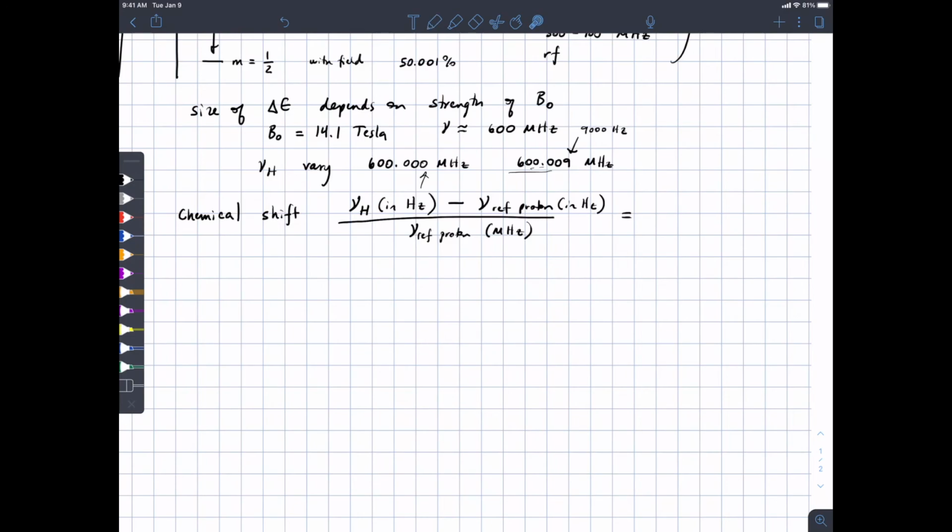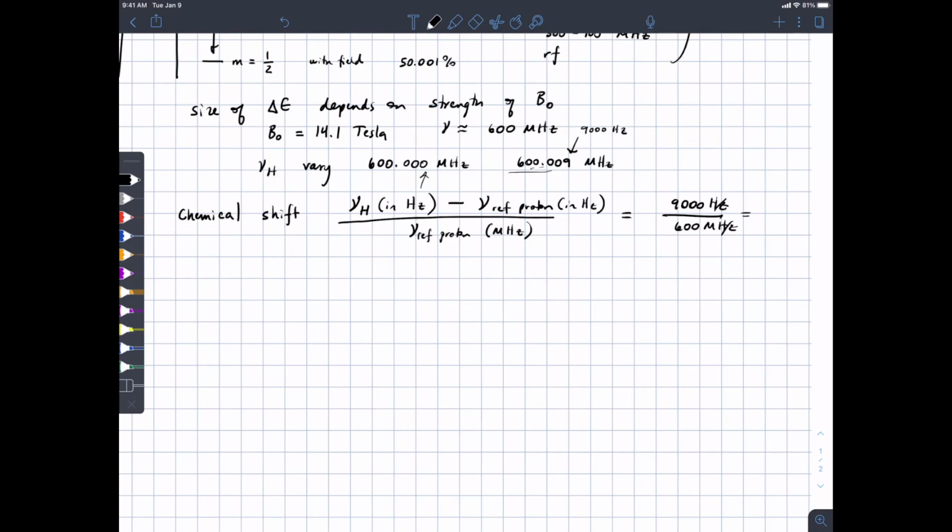So 600.009 megahertz minus 600 megahertz, all in hertz, is like 9,000 hertz. And then say the reference proton is at 600 megahertz. The hertz units cancel out.